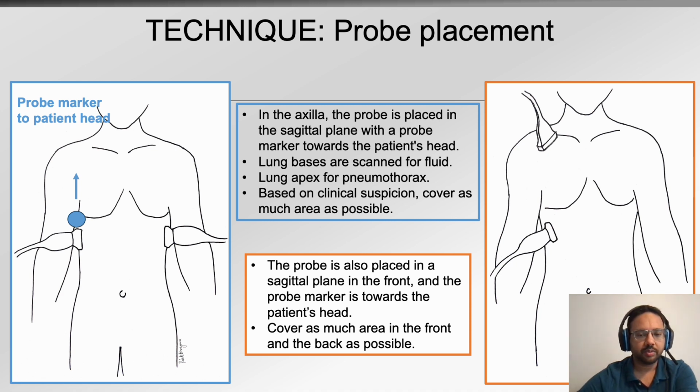I practice mostly in the pediatric ICU, and so most of my patients are sick enough where they're laying on their back. So I generally just scan the anterior and the lateral areas of the chest, but there is definitely literature which suggests that if you scan the back as well, it increases your diagnostic accuracy. So please keep that in mind.